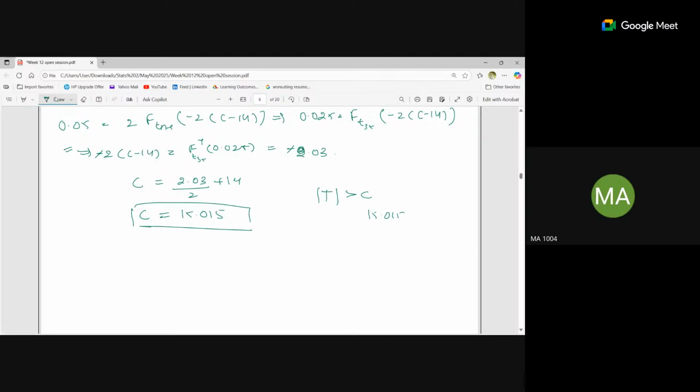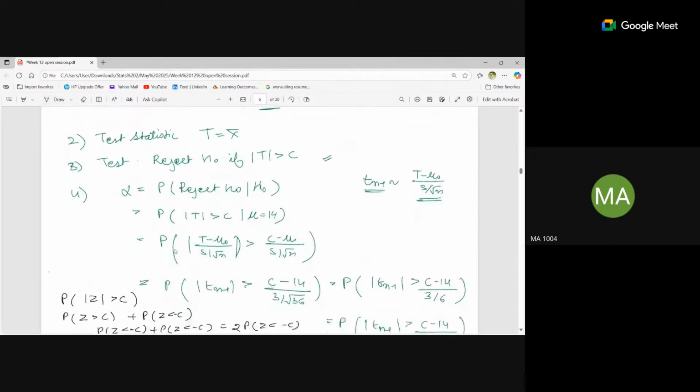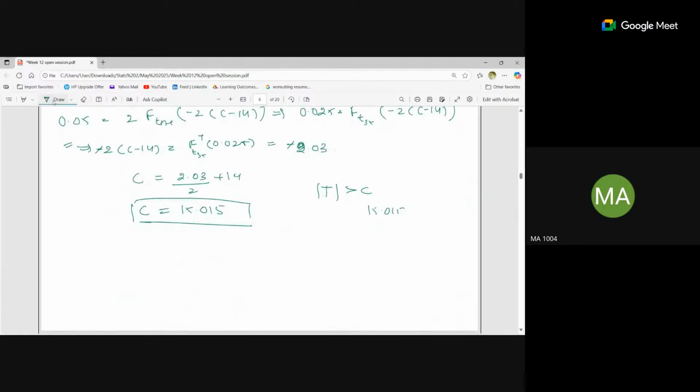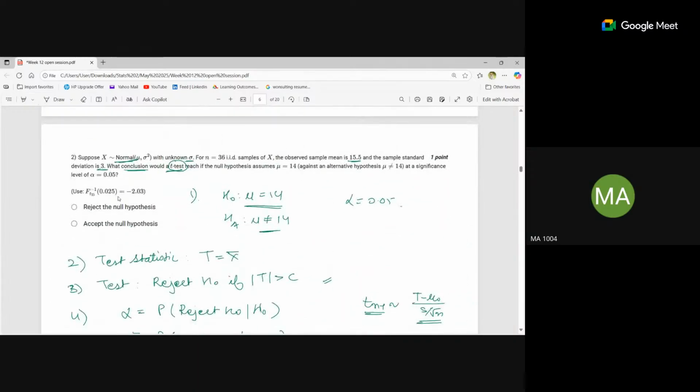What is mod of T? The sample mean. And what is my sample mean? This F value they provided us, this value 0.025 will be provided. So what is my T here? Can you guys tell me? 14, right?